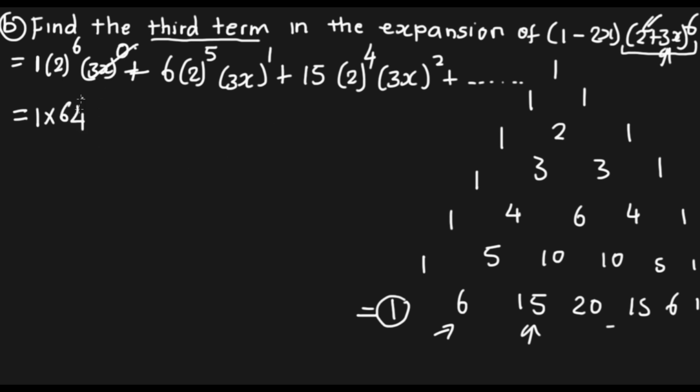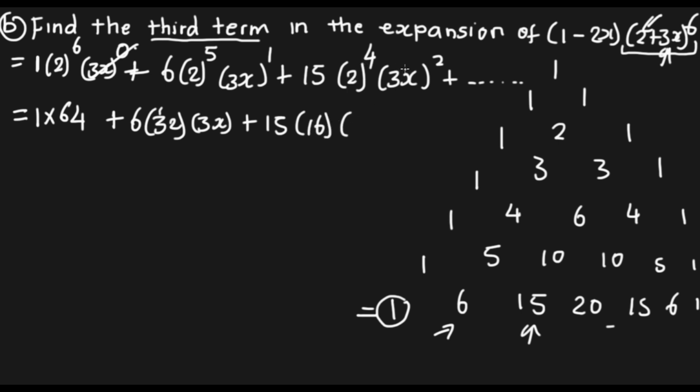This will give us 1 times 64, plus, what is 2 raised to the power 5? We get 32, times 3x, plus we have 15. What is 2 raised to the power 4? It is 16.